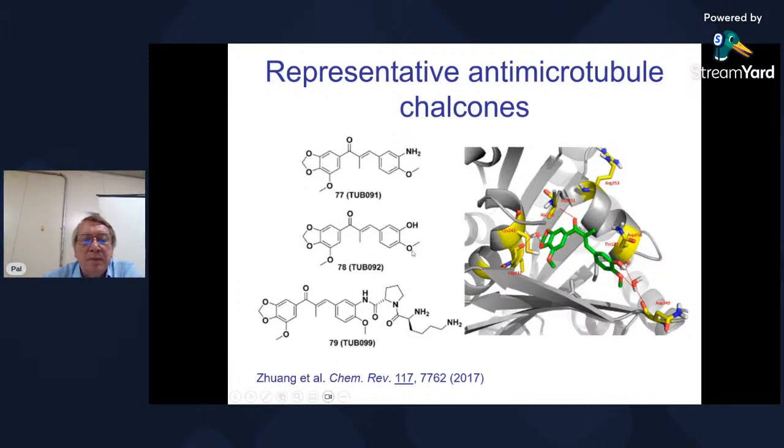What we can see, taking into consideration our compound, is that the chalcones are substituted in the alpha position, or chalcones are also alpha substituted derivatives.